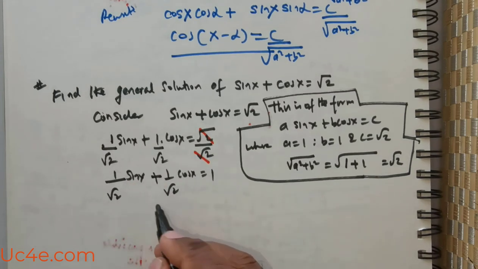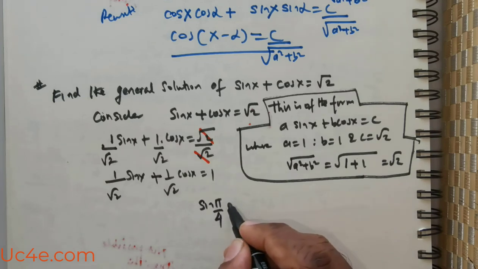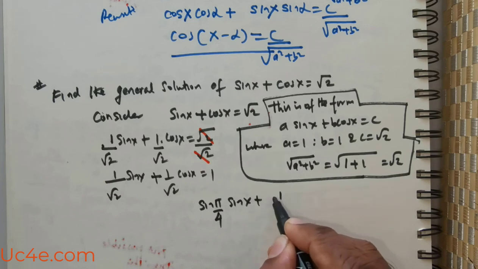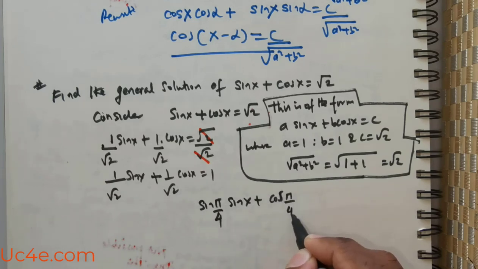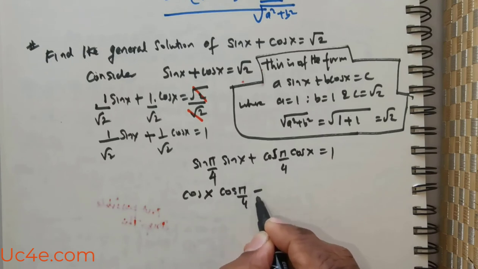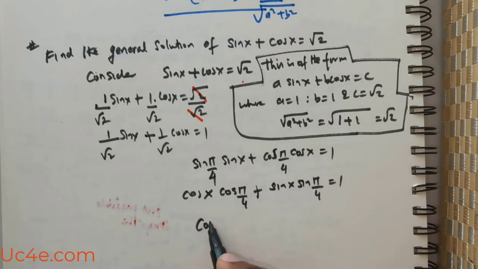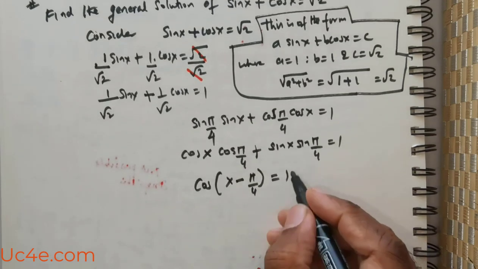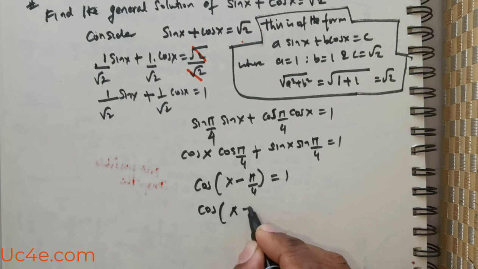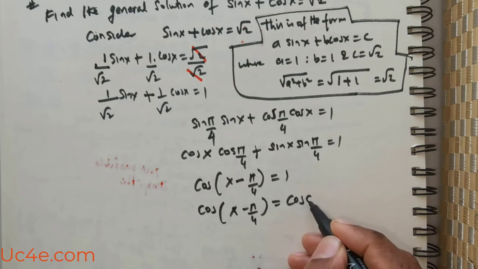I would like to write 1 over root 2 as sine pi over 4 times sin x plus cos pi over 4 times cos x is equal to 1. I can rewrite this as cos x times cos pi over 4 plus sin x times sin pi over 4 is equal to 1. So this is nothing but cos of x minus pi over 4 is equal to 1. I can instead replace 1 as cos 0.